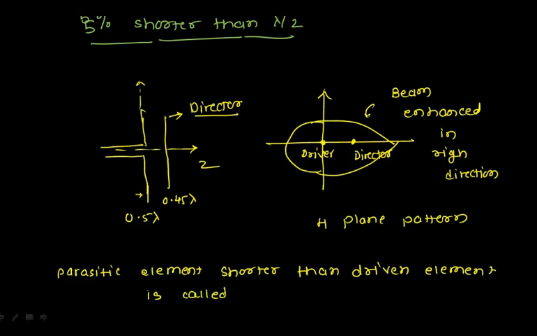So now what I'm doing is putting one director and one reflector, and I'll see what the overall enhancement in my directivity will be. So here I'll take a basic 3 element Yagi Uda antenna. So what kind of structure will you observe in this 3 element Yagi Uda?